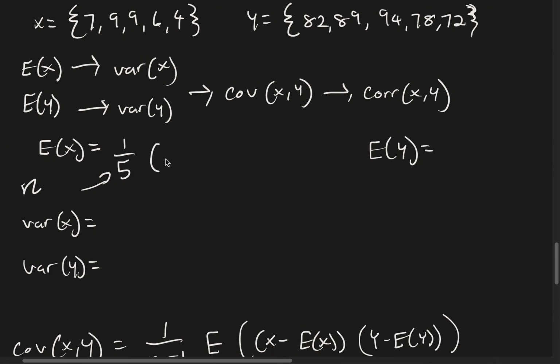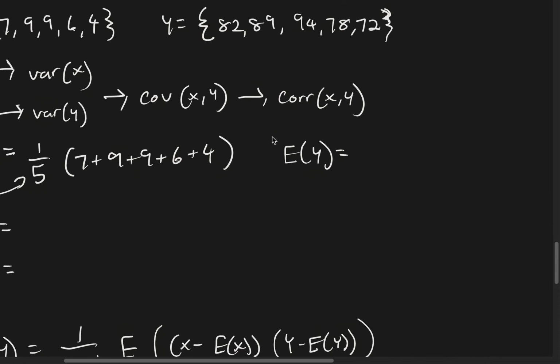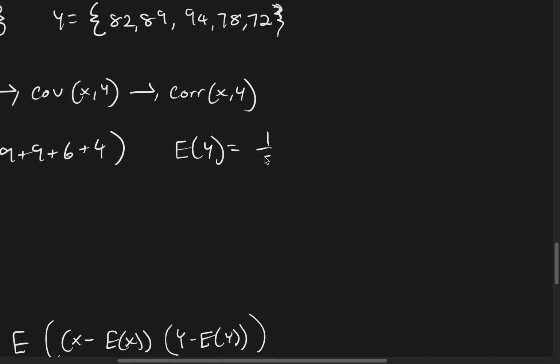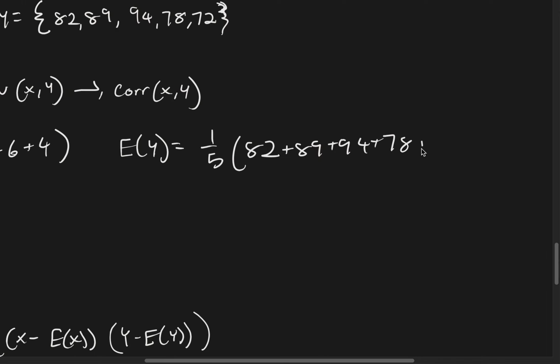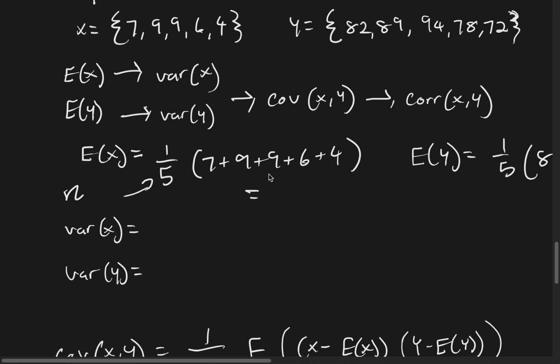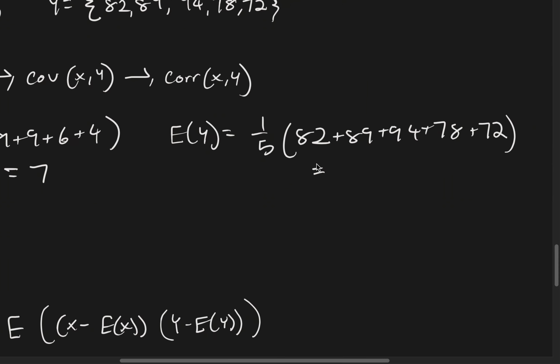We can just say 1 over 5 times 7 plus 9 plus 9 plus 6 plus 4. Fairly simple. For the mean of y, same thing. The expectation of x, or the amount of hours, turns out to be 7, and for grades, the average is 83.